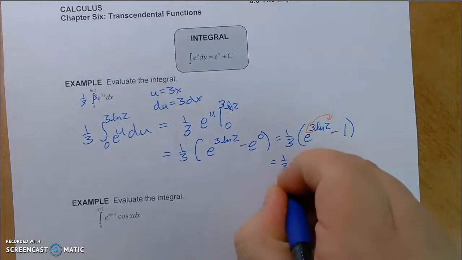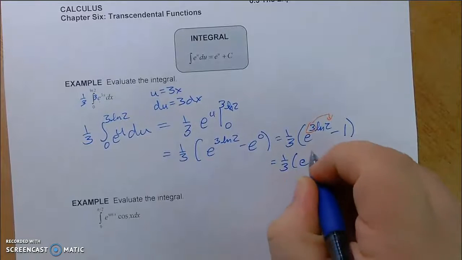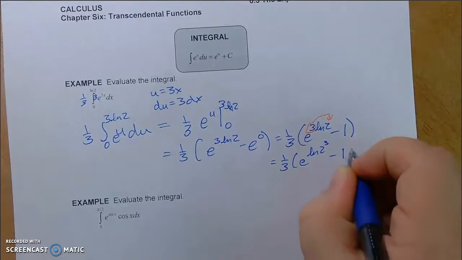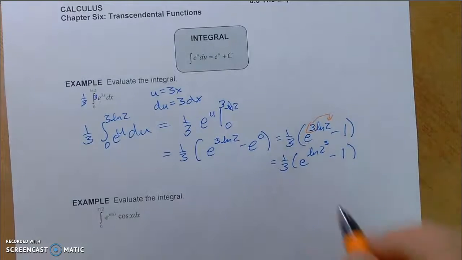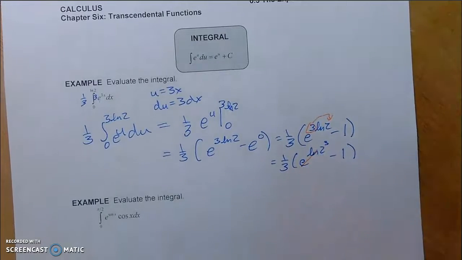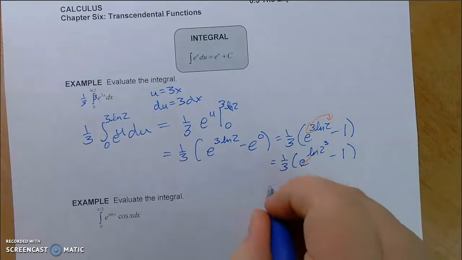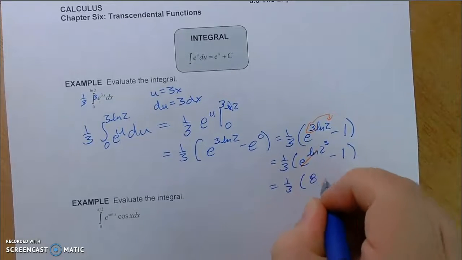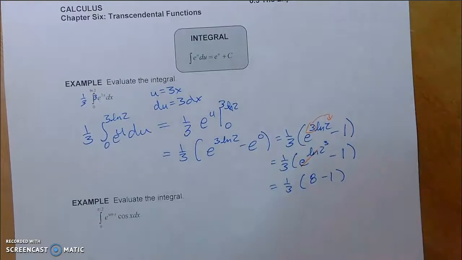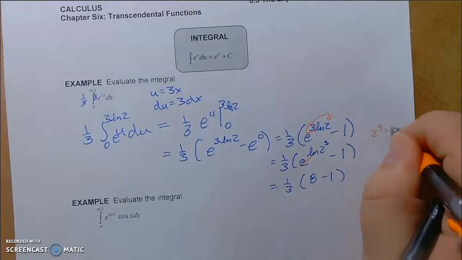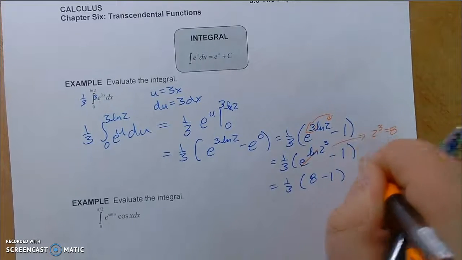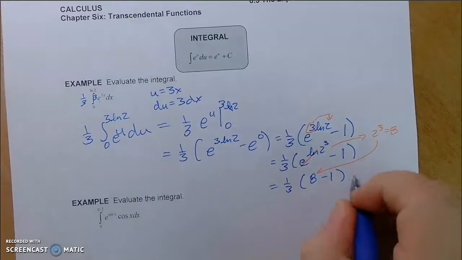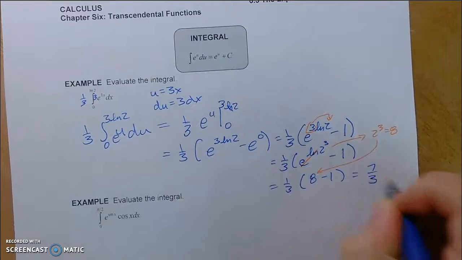So we have 1/3 e to the natural log of 2 to the 3rd minus 1. Now, e to the natural log, those inverses cancel each other out. And we're left with 1/3 2 to the 3rd, which is 8, minus 1. So our answer is just 7/3.